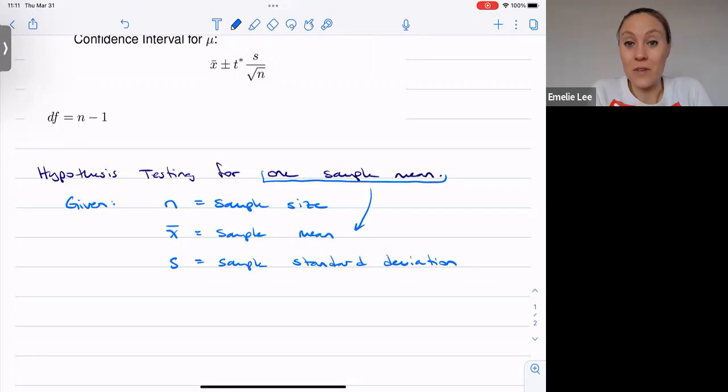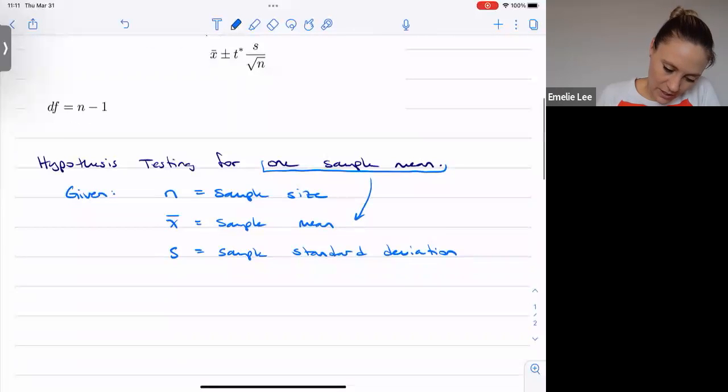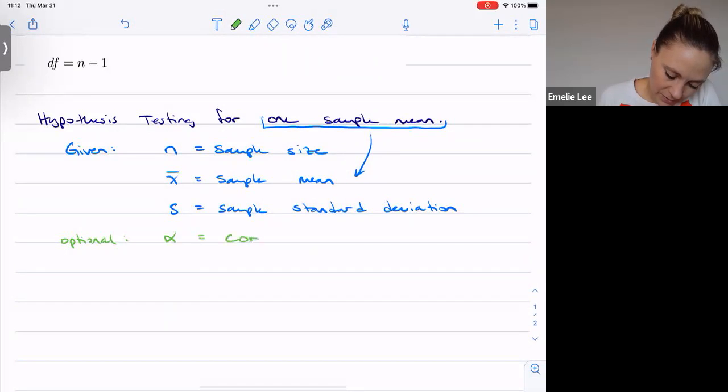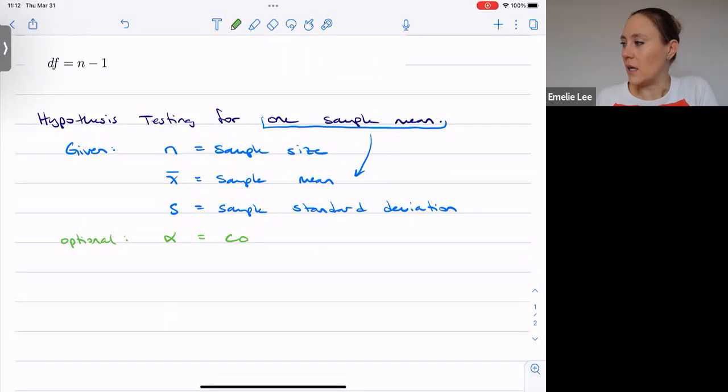And often you'll be given some alpha level, but not necessarily, right? And so optional is alpha. It's the opposite of the confidence level. The name is escaping me at this moment.